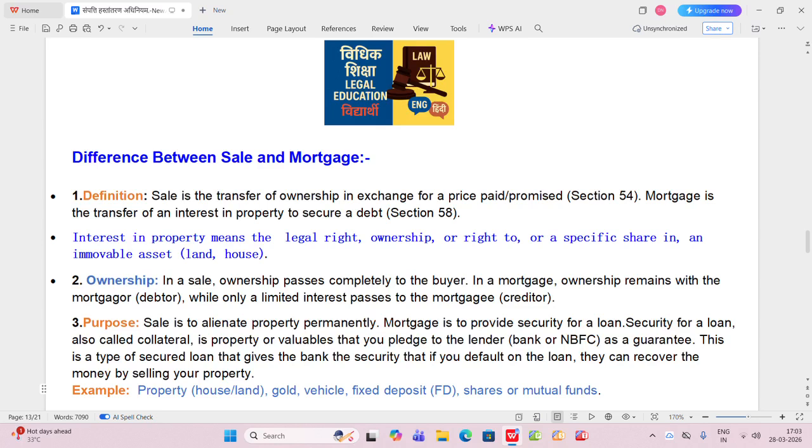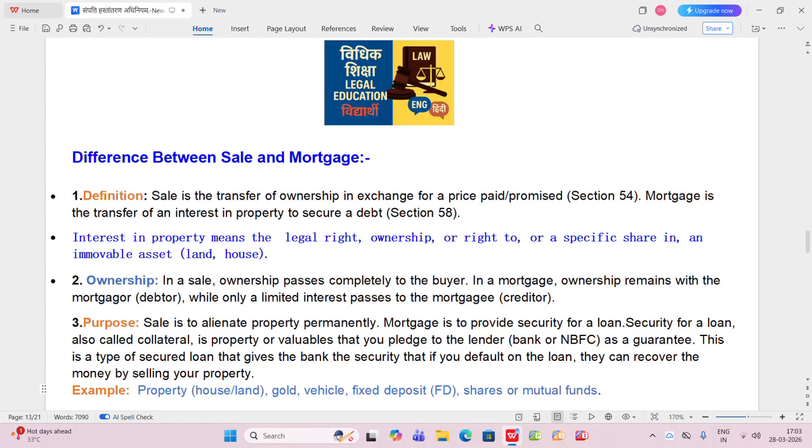What do you understand by security? Security means whatever loan you are going to take from a bank, you have to give some valuable to the bank as a guarantee. This is a type of secured loan. The loan is secured and it gives the bank the security that if you default on the loan, they can recover the money by selling your property.